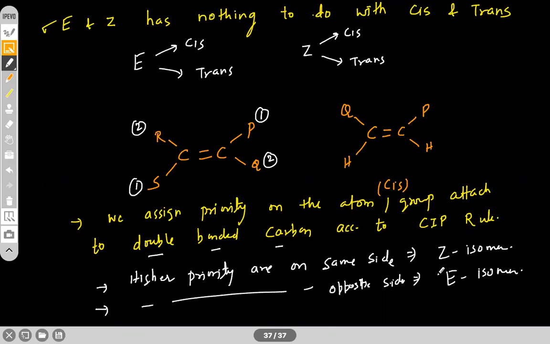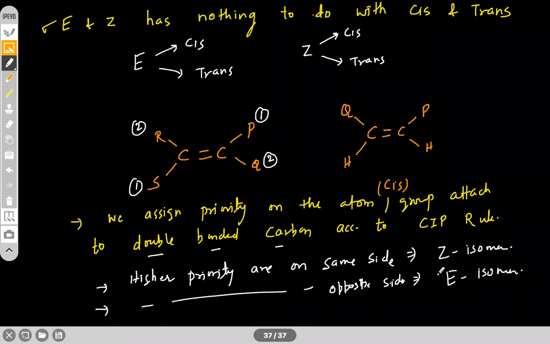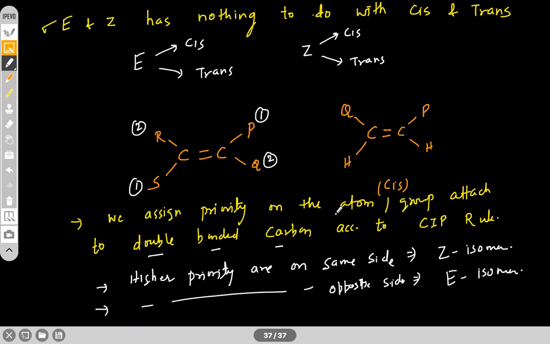So we'll assign the priority first. Priority according to what? According to the CIP rule. What is the CIP rule? We'll see. Okay, so we'll assign priority. If higher priority is on the opposite side, it is E. On the same side, it is Z. So for example, this one you see, this one is cis already with respect to hydrogen.